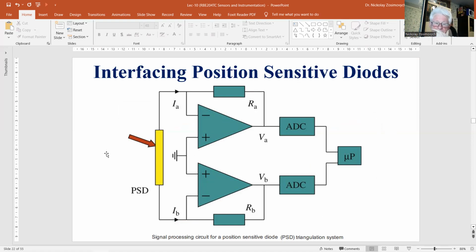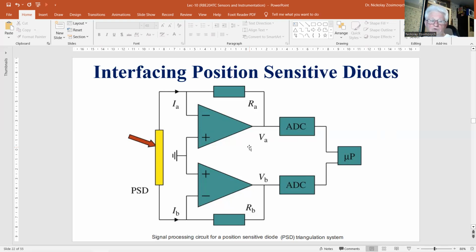And this figure shows a combined analog to digital processing circuit for the PSD signal. The currents I_A and I_B from the PSD, as you can see here, are converted into the voltages V_A and V_B, respectively, using a simple IV converter configured with an operational amplifier.